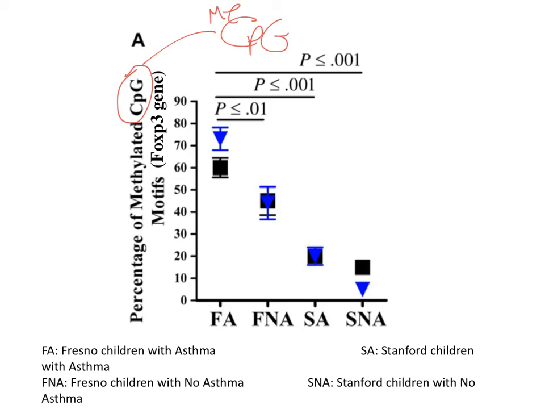They find that in Fresno, if you've got asthma, your gene is more heavily methylated than somebody who's living next to you, or a sister, or your parent, or whatever, that doesn't have asthma. Chemical differences, chemical modifications to your DNA.